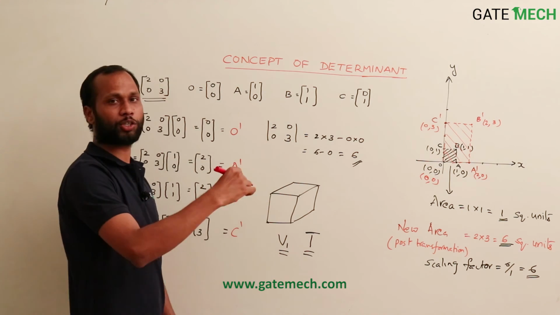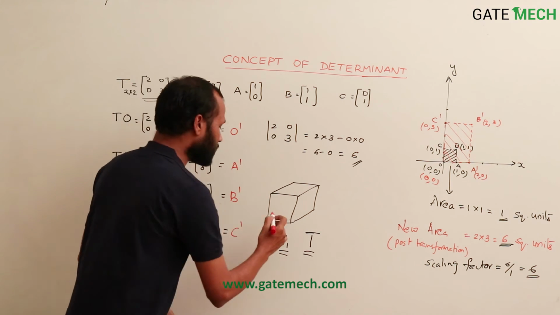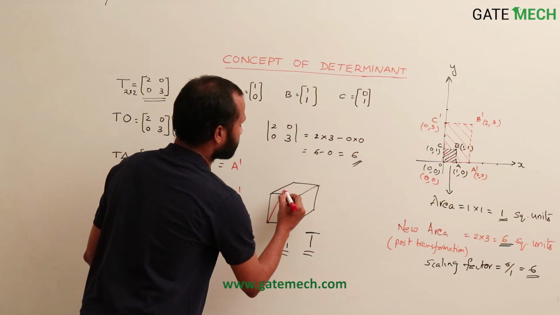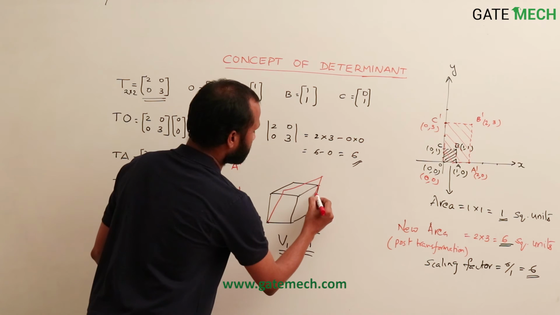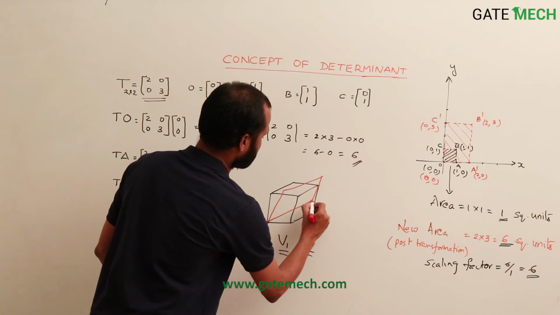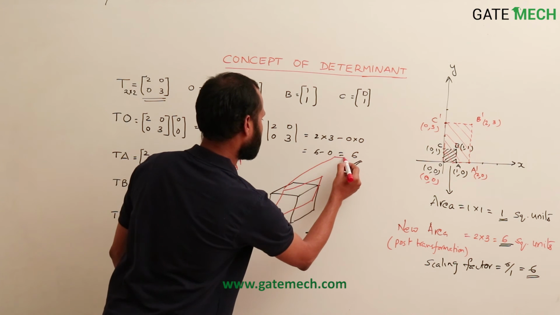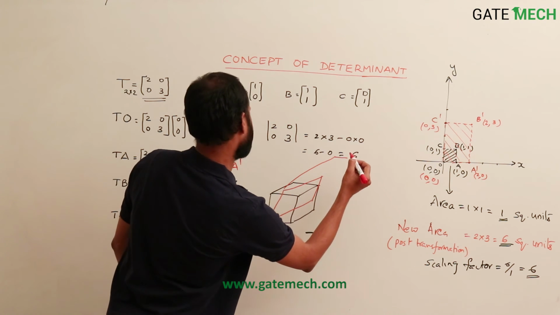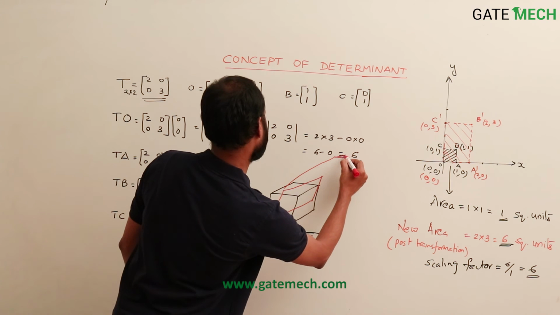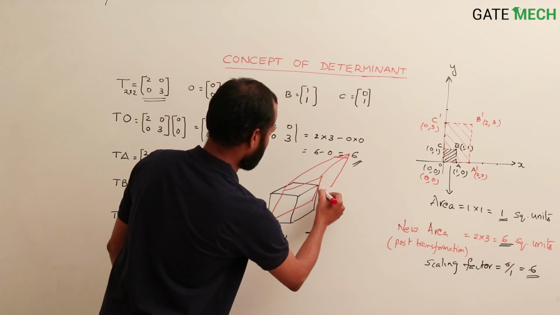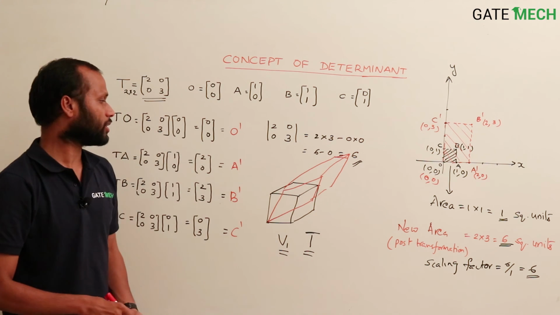You again connect all those points and find out the cube. Suppose the cube has been formed something like this.